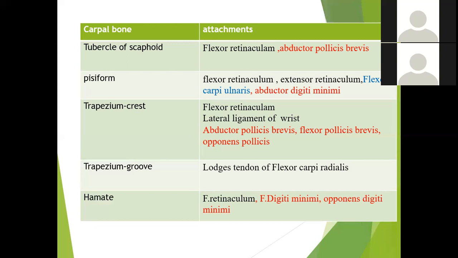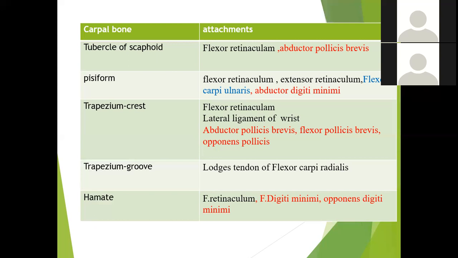Those three muscles are called thenar muscles. What are those muscles? Abductor pollicis brevis, flexor pollicis brevis, and opponens pollicis. Here you should see the ending term, that is brevis. You should not use the word longus. Thenar muscles are all short muscles.